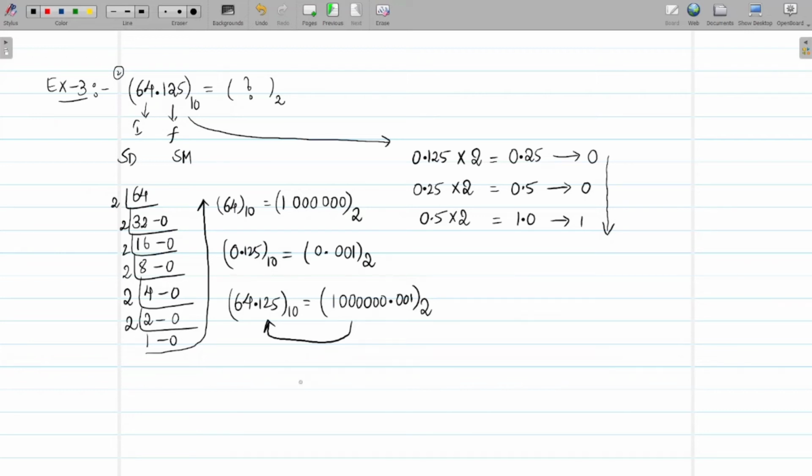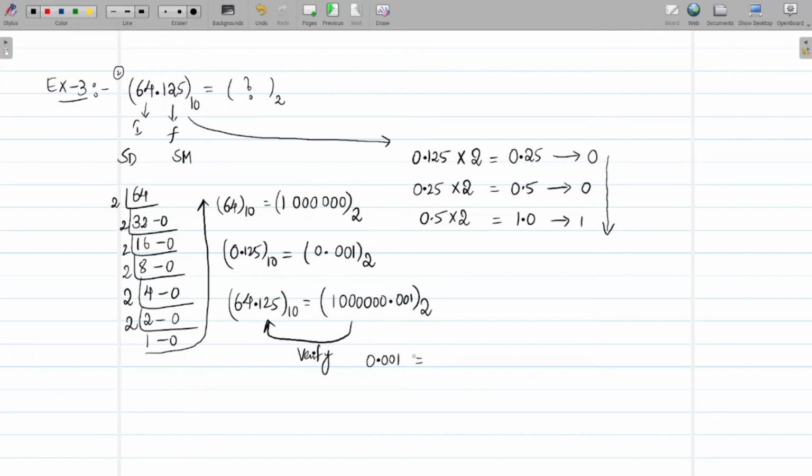Now I am verifying the fractional part. What is the fractional part? 0.125. How can you do it if it is 0.001? For this, the first 0 is called the MSB and the last is called the LSB. Moving from MSB to LSB, you need to multiply with the powers of 2 in descending order.